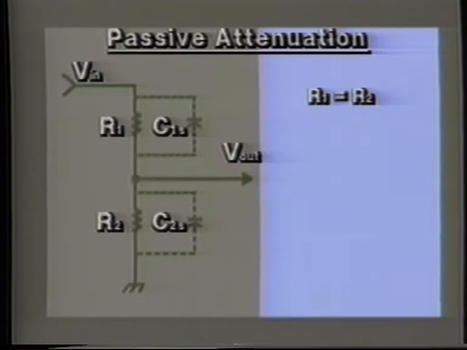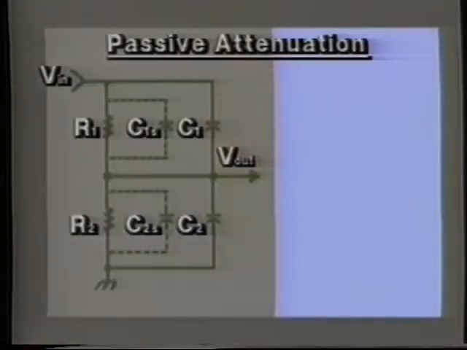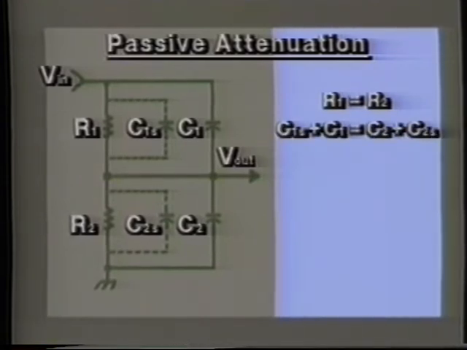As frequency rises, the parasitic capacitances around each of the resistors change the attenuation factor. This is really a model of an uncompensated high impedance probe. We can overcome the strays by adding external capacitors. If the low frequency attenuation ratio is the ratio of the resistors, then the high frequency attenuation ratio is the ratio of the capacitors.